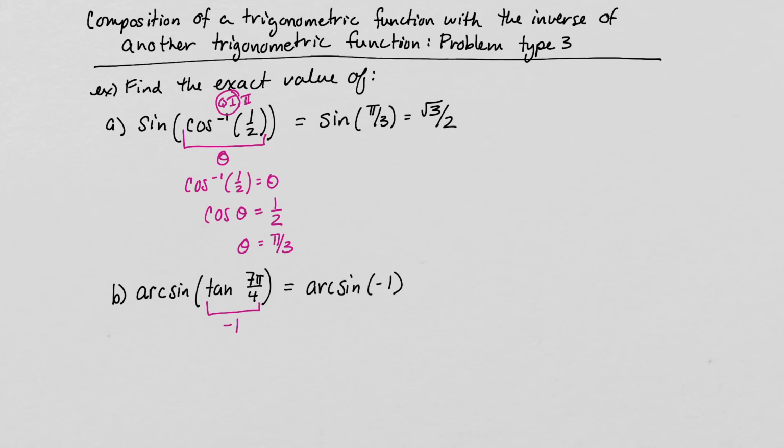So we want to look, remember, arc sine or inverse sine is defined in quadrants 1 and 4, and when we're in quadrant 4, we have to rewrite everything as a negative angle. So if you think about in quadrants 1 or 4, where the sine value is equal to -1, right?